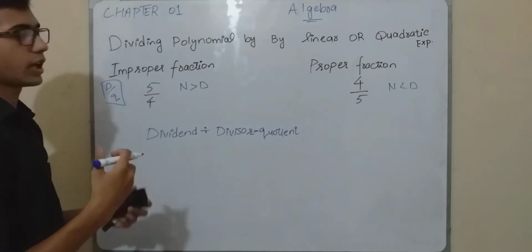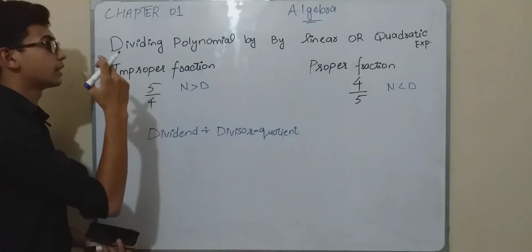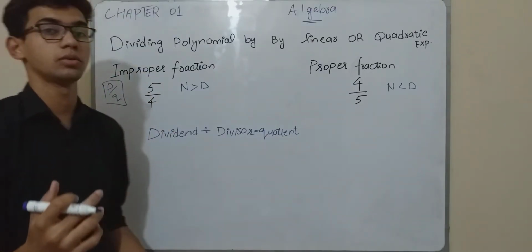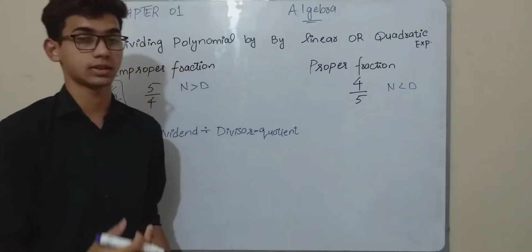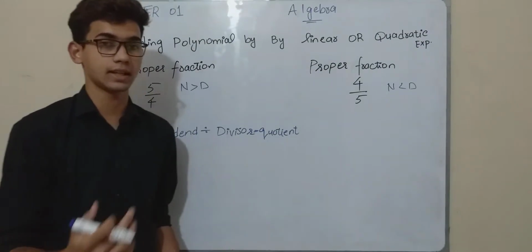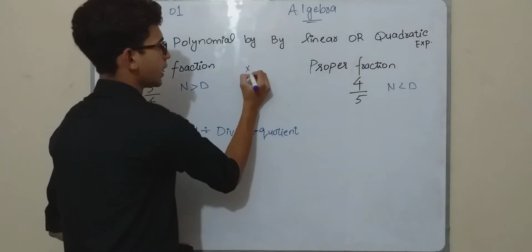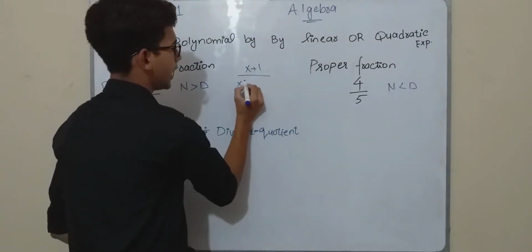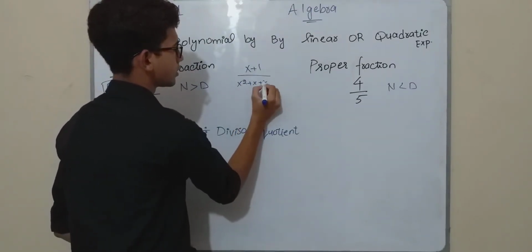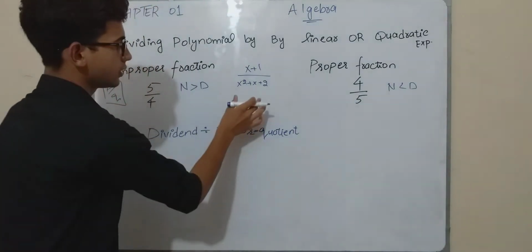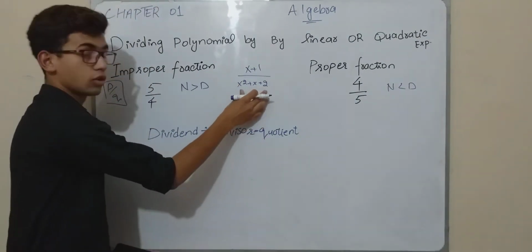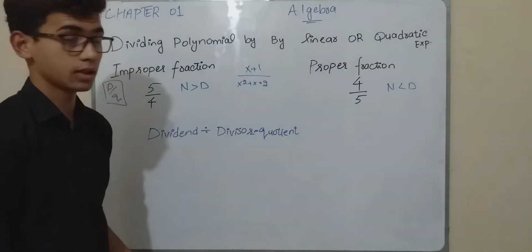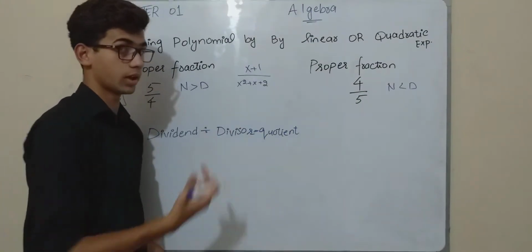If you want to express that in polynomial form, which includes variables and constants and the subtraction and addition signs as well, just like x plus 1 divided by x squared plus x plus 2, you notice the denominator has more variables and a constant which is greater than 1.